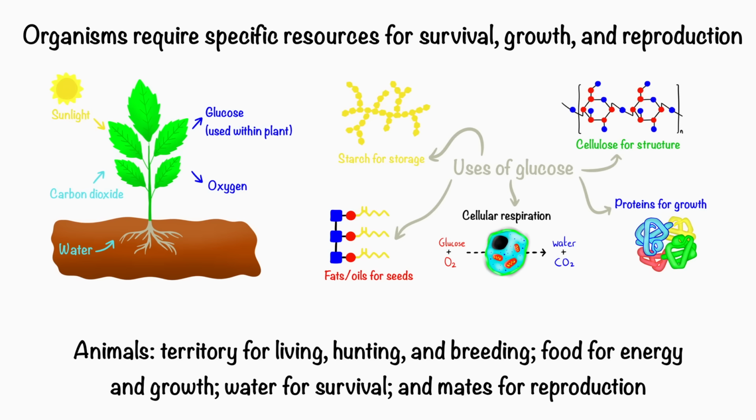Animals require territory for living, hunting, and breeding, food for energy and growth, water for survival, and mates for reproduction. The availability of these resources directly influences population sizes, distribution patterns, and the overall structure of ecological communities.